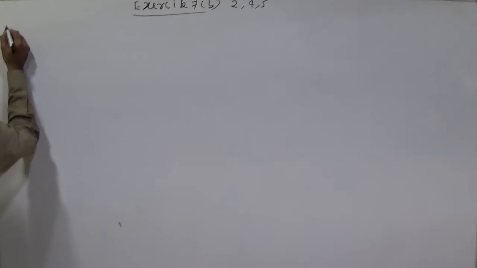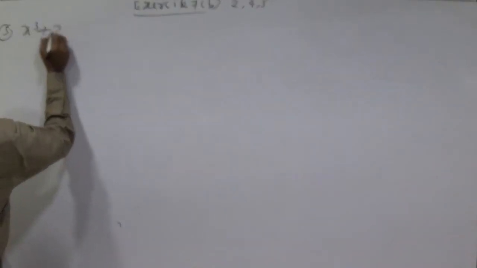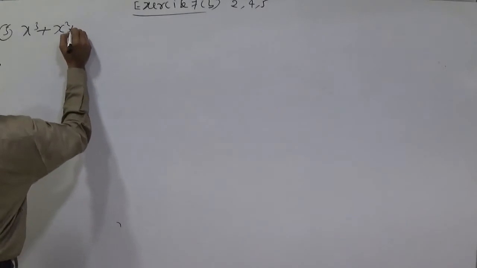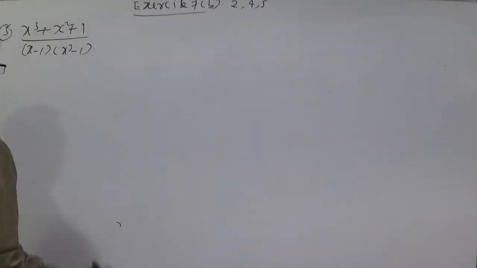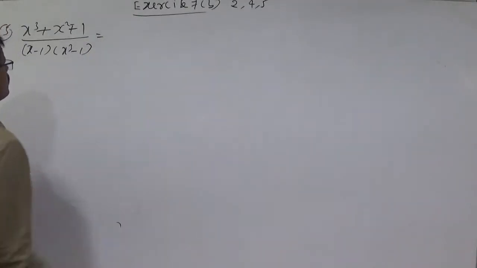Fifth one, x cube plus x square plus 1 whole by x minus 1 into x cube minus 1. This is somewhat lengthy question. Of course, no problem. Easy question.